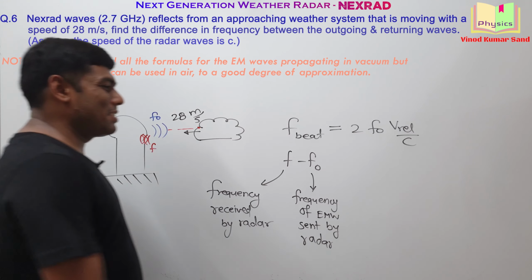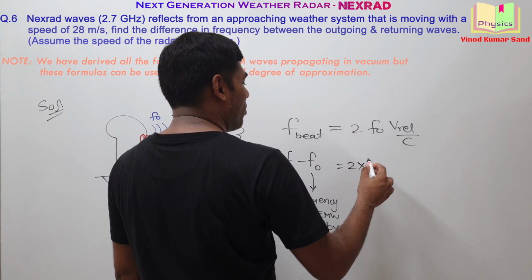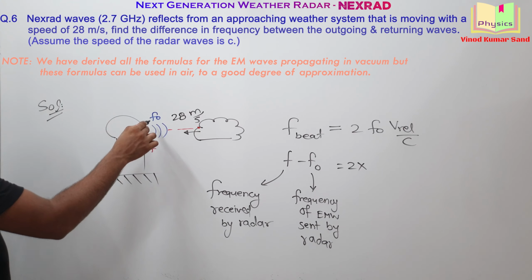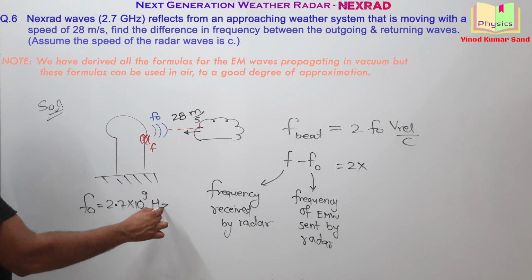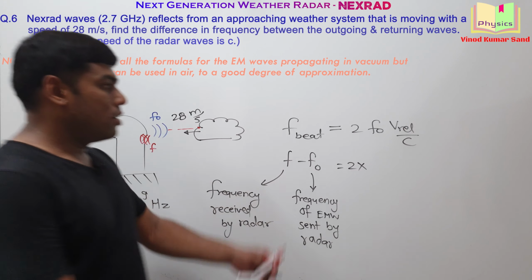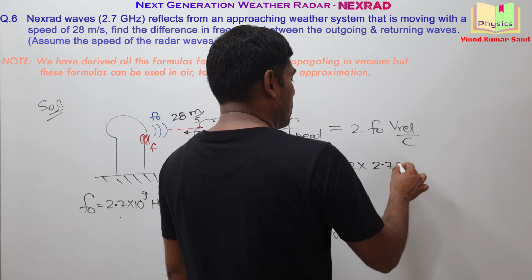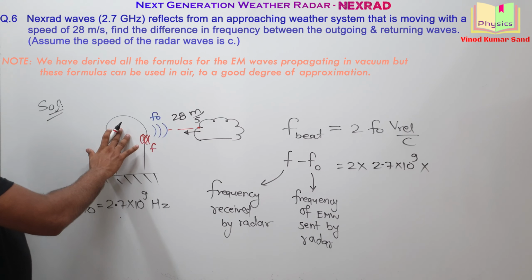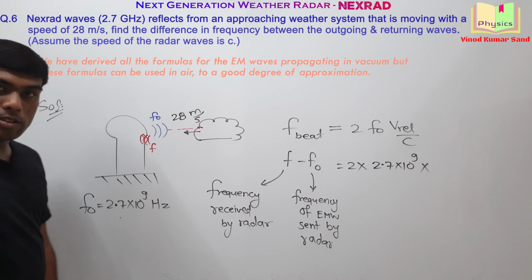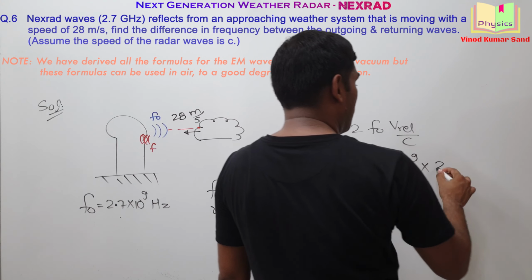Calculation is pretty simple. 2 times f naught. The f naught of this radar is given as 2.7 into 10 to power 9 hertz, 2.7 gigahertz. Putting the data here, 2.7 into 10 to power 9, v relative. Radar system is at rest. The weather system is approaching with a speed of 28.